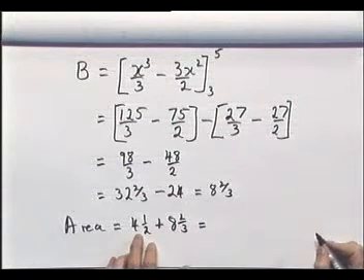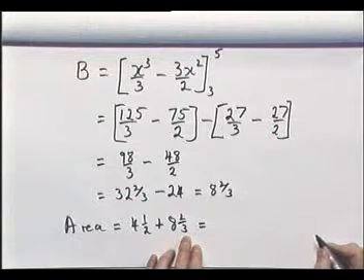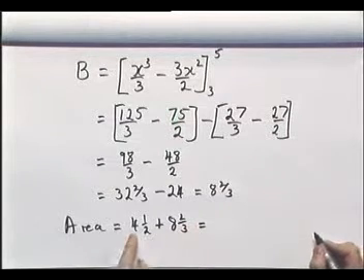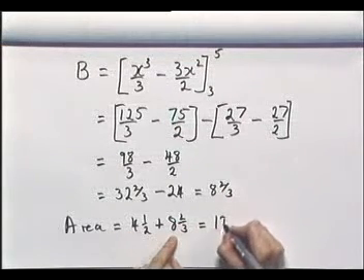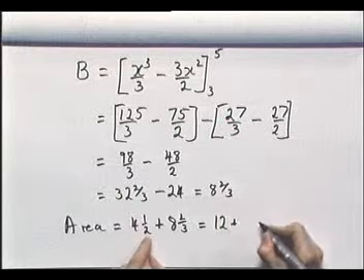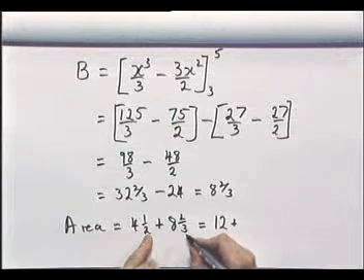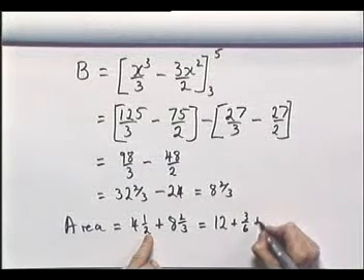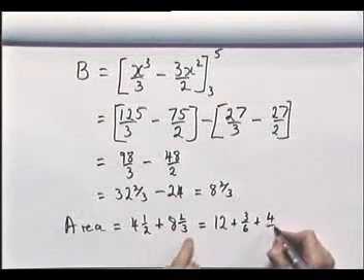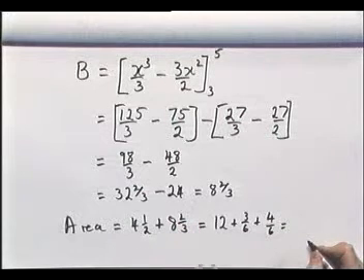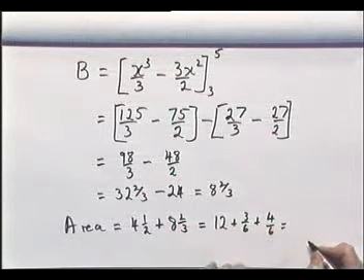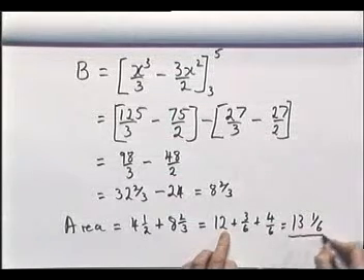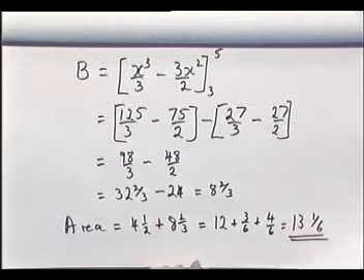Now, if I want to add 1/2 and 2/3 together, they've really got to be in terms of the same denominator. So the 4 and the 8 gives me 12 plus 1/2. Now the denominator is going to be 6, so that's 3/6 plus 4/6, which is what the 2/3 is equal to. I've got 7/6 here, which is 1 and 1/6. That's 13 and 1/6, the actual value of my area.